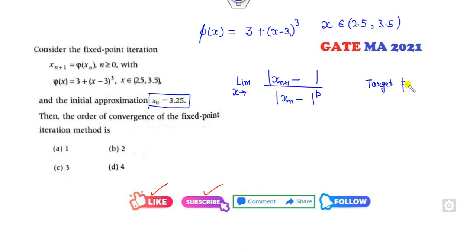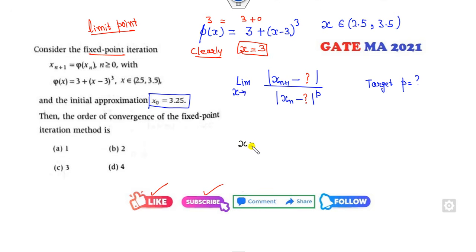But before that, because it's a fixed point, that number will be my limit point. So is the limit point given? No. Can you find the limit point? Clearly, x equal to 3 is my limit point, because if you substitute 3, it gives 3 plus 0, yes. x equal to 3 is the limit point.